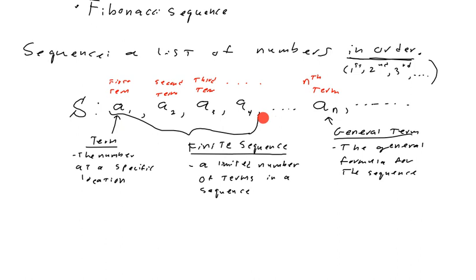So like from the first, second, third, and fourth, these 4 comprise a finite sequence. So sometimes you have a limited group of numbers.